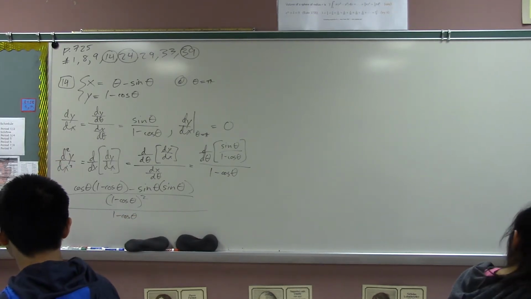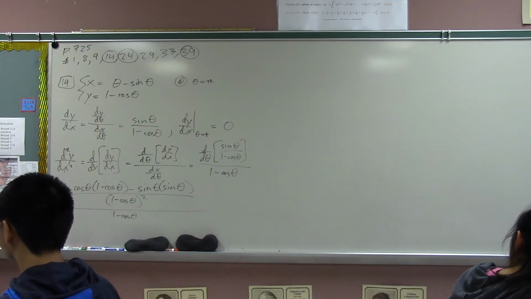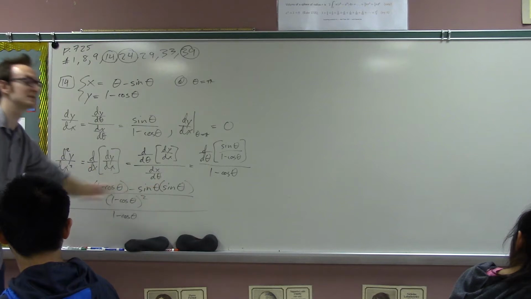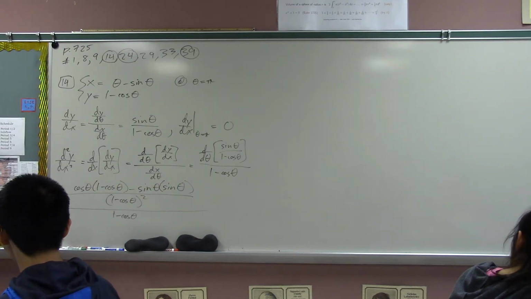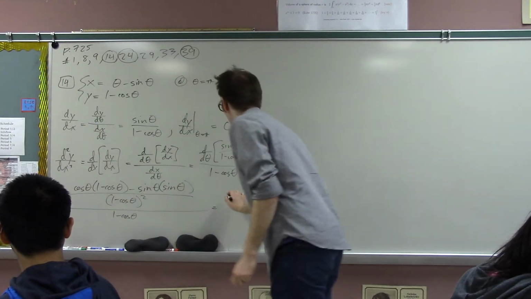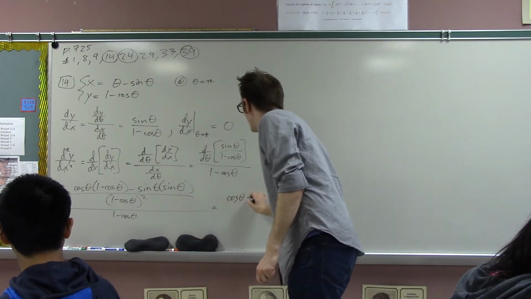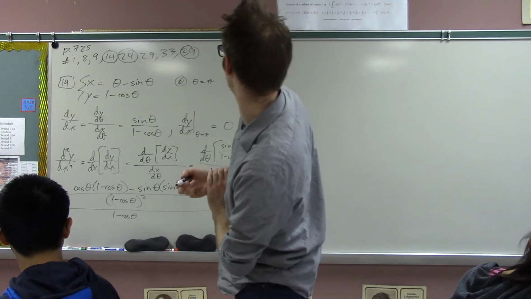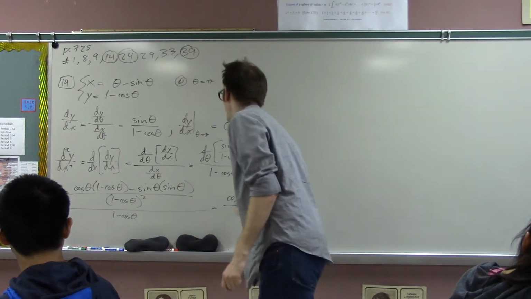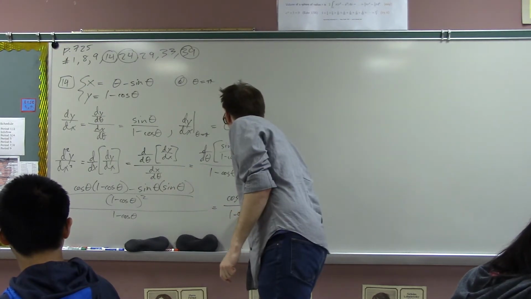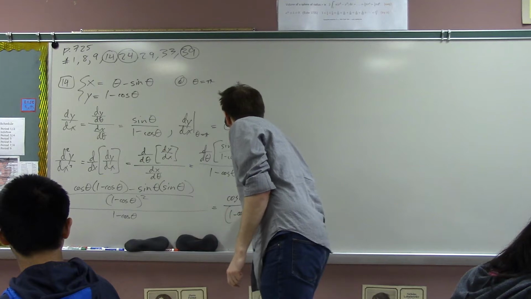When I do this all out, I get something kind of nice, because cosine minus cosine squared minus sine squared becomes cosine minus 1. So we get cosine theta minus 1 on the top, skipping some steps, over 1 minus cosine theta cubed.